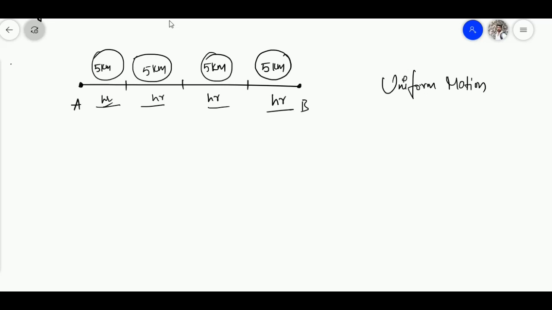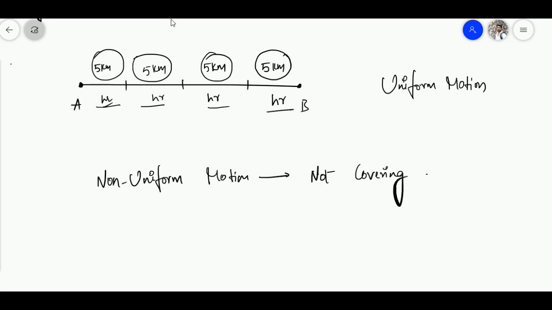If you are not traveling the same distance in the same intervals of time, that is called non-uniform motion. Not covering equal distances in equal intervals of time.